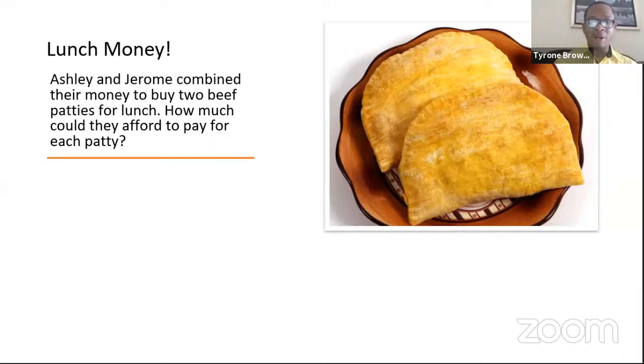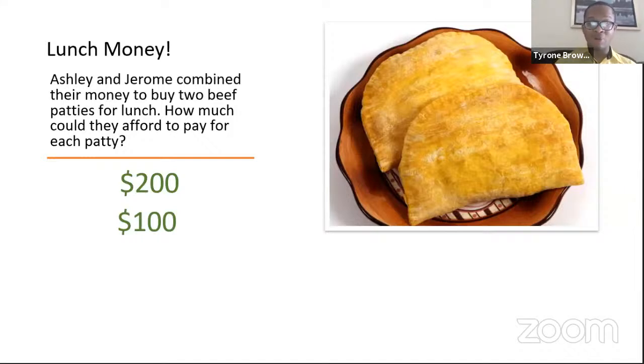So we would have seen so far that it definitely could be 200, because if the patties cost 200 and they're buying two of them, the total cost would be 400. I'm seeing something in the chat: 200 would be the maximum amount they could pay.